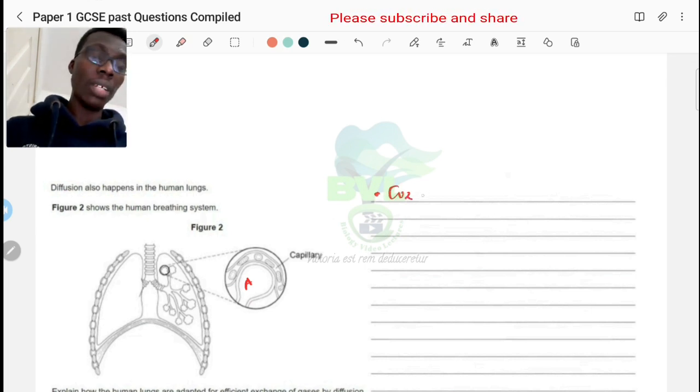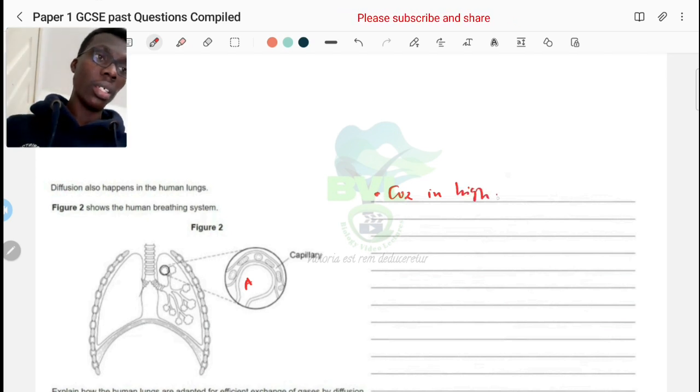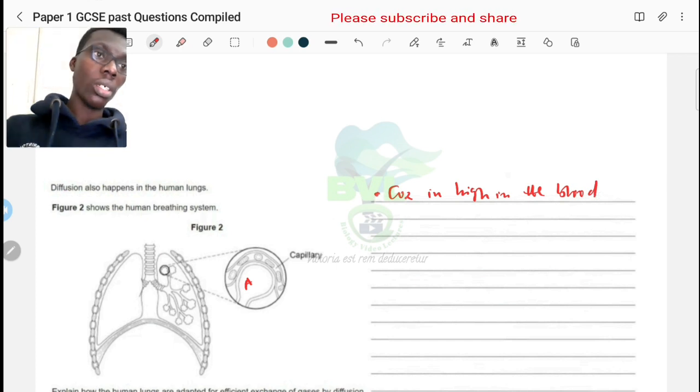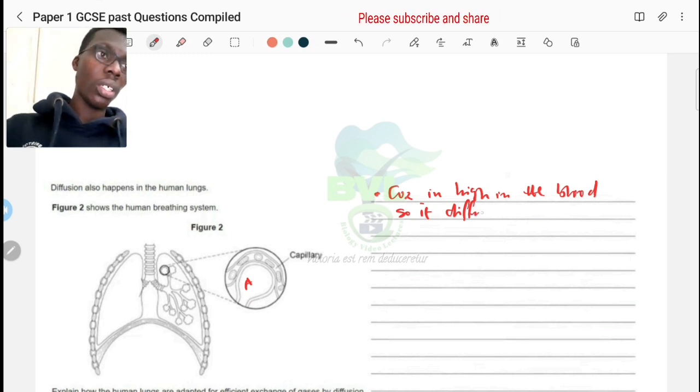Carbon dioxide, you can write it in full, carbon dioxide is higher in the blood, so it diffuses into the alveolus.